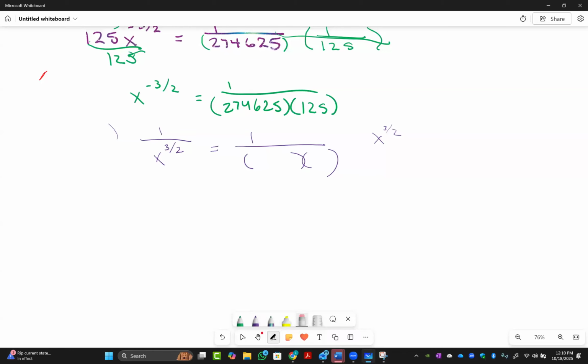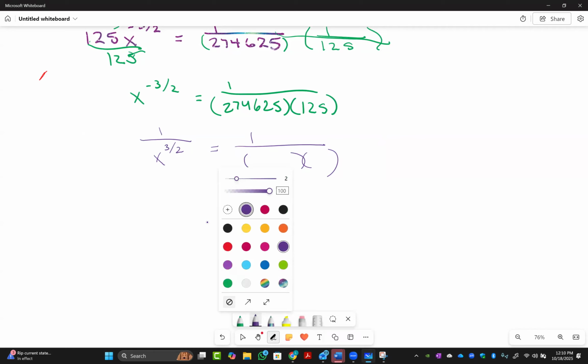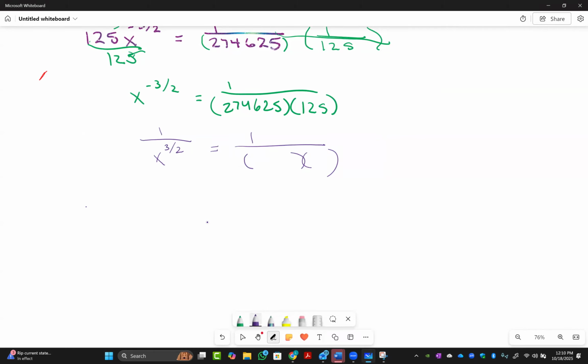Well, let me say, maybe I'm going too quick. No, that's not what I meant. Let me show you. If I have 1 over x equals 1 over 2, can I say x equals 2? Sure, it can't be anything else, can it?